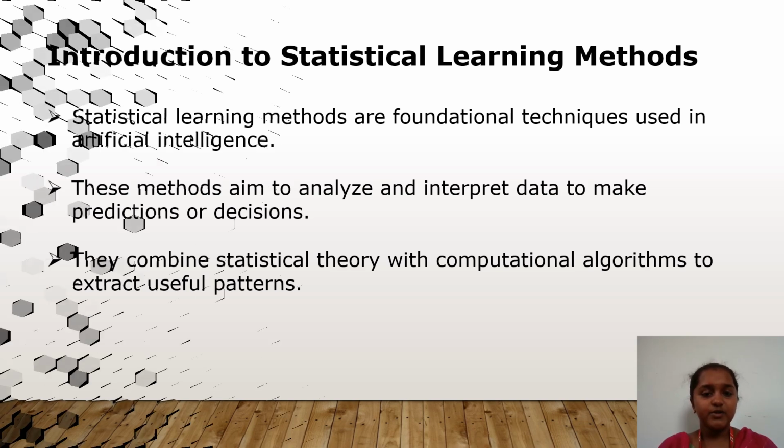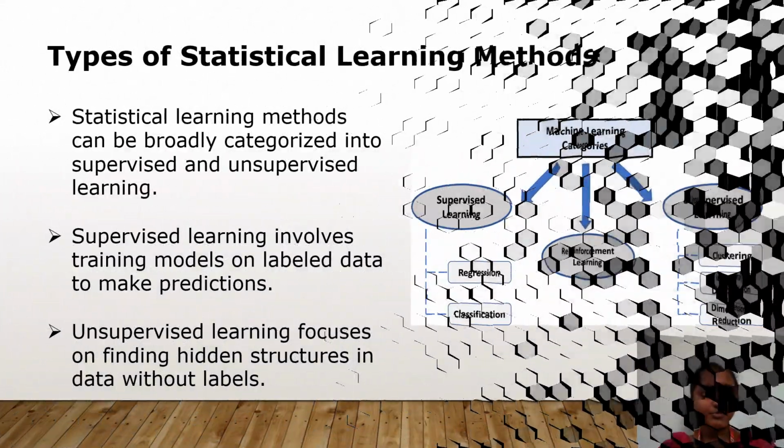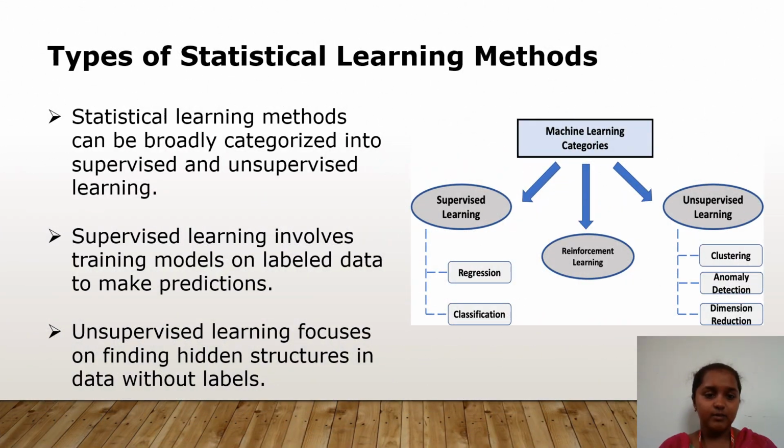Types of statistical learning methods. Statistical learning methods are mainly classified into two types: supervised and unsupervised learning. Supervised learning involves training models on labeled data to make predictions, whereas unsupervised learning focuses on finding hidden structures in data without labels.